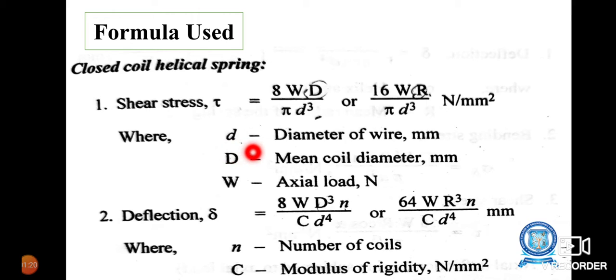Where small d is the diameter of the wire in mm, capital D is the mean coil diameter in mm, and W is the axial load in Newton.